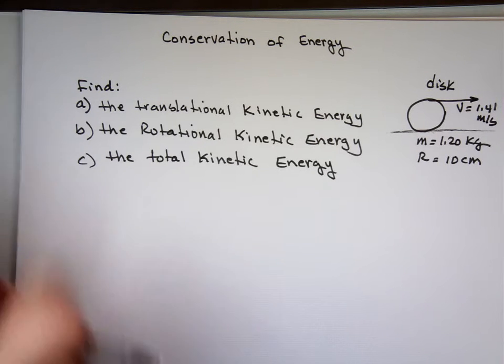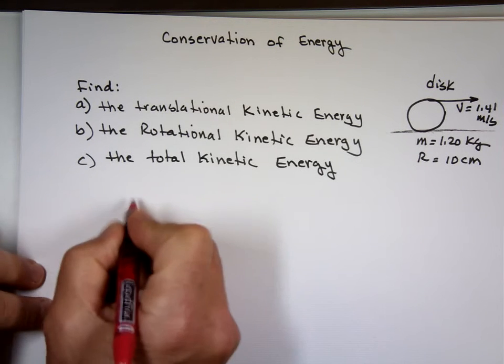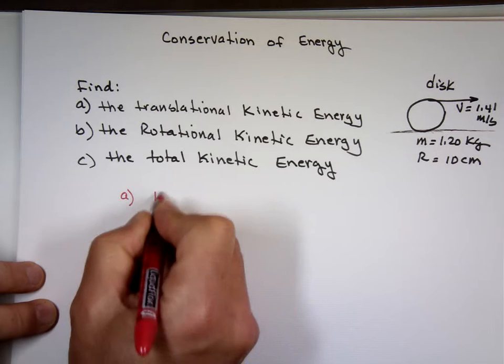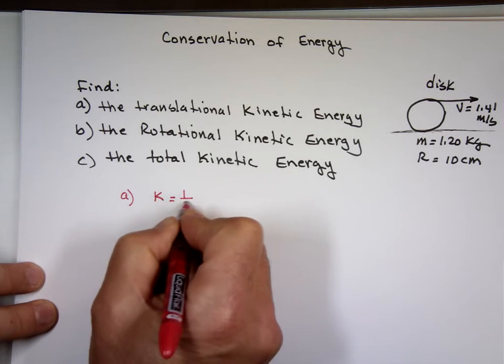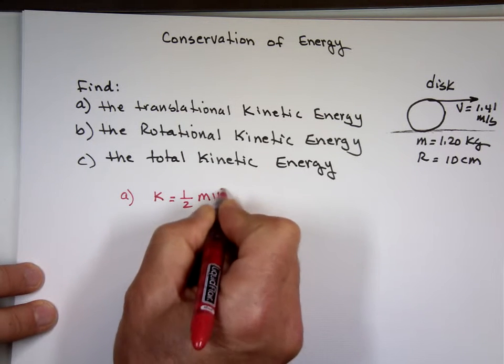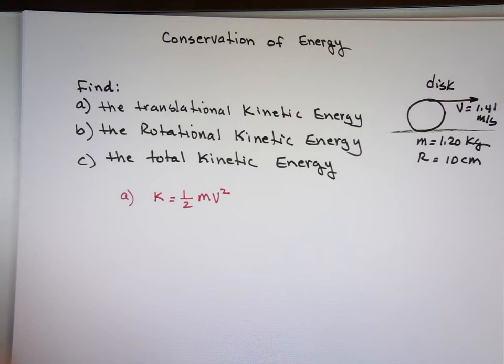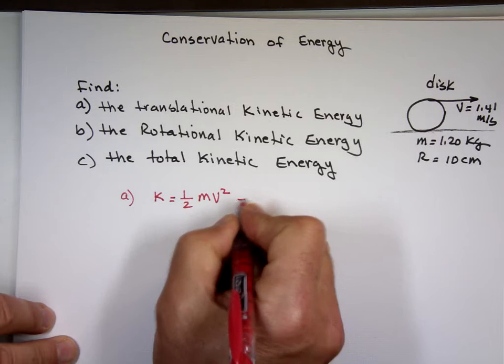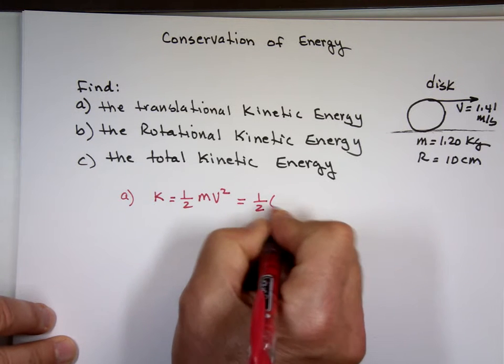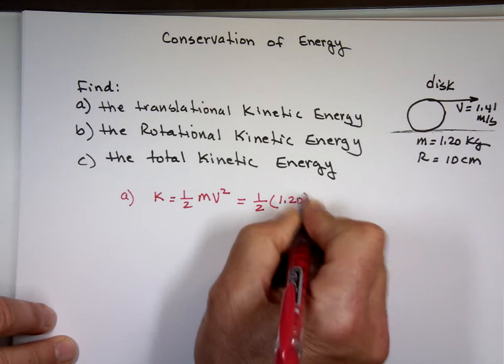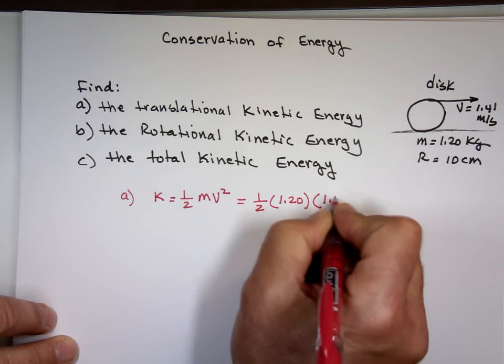So let's look at part A. The translational kinetic energy, that's K. We know it's 1/2 mv squared. It's 1/2, the mass 1.20, the velocity 1.41 squared.